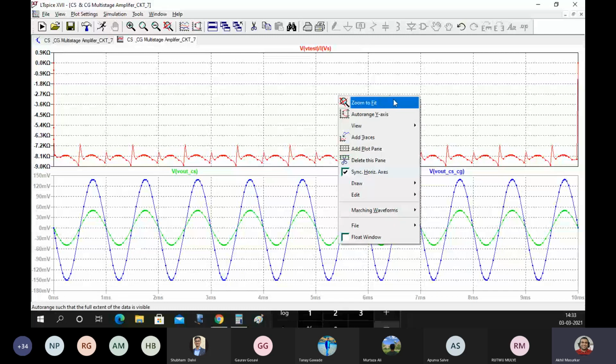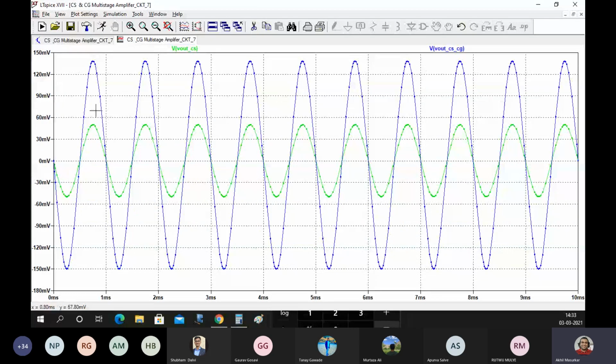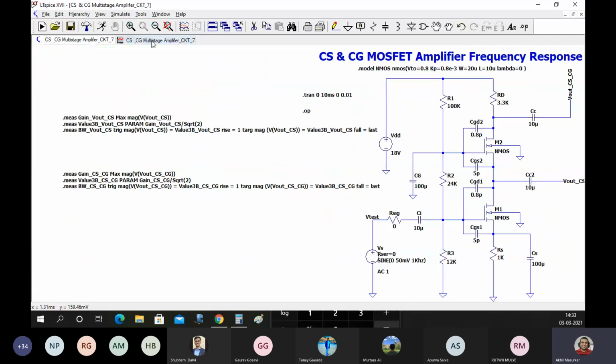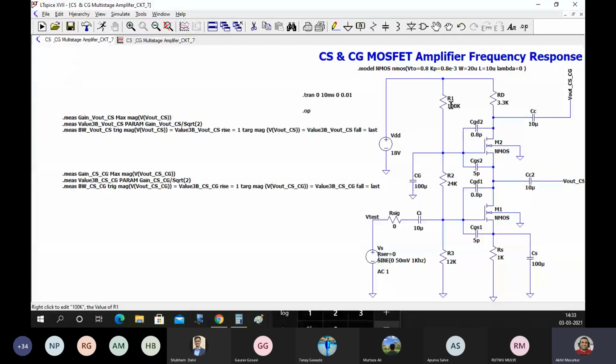So you can see that here you are getting some good gain. This is the AC analysis, and if you want to increase the number of points, then you can increase the sweep, make this as 0.01, save.